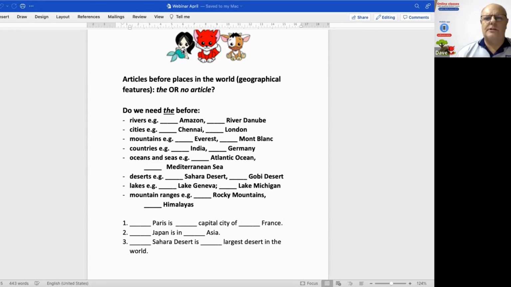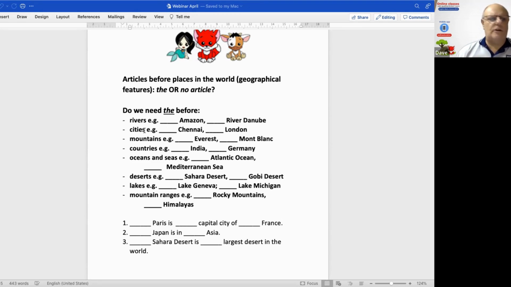Anyone give me an answer? Okay, we're not going to get one here. This one is "the". Before rivers, we put "the": the Amazon, the River Danube, the Ganges, the River Thames.